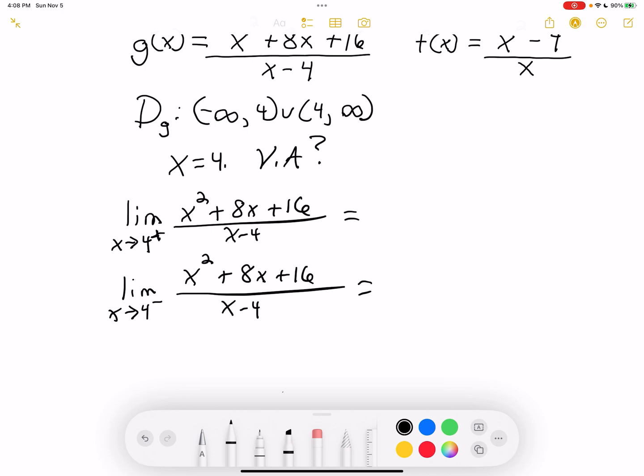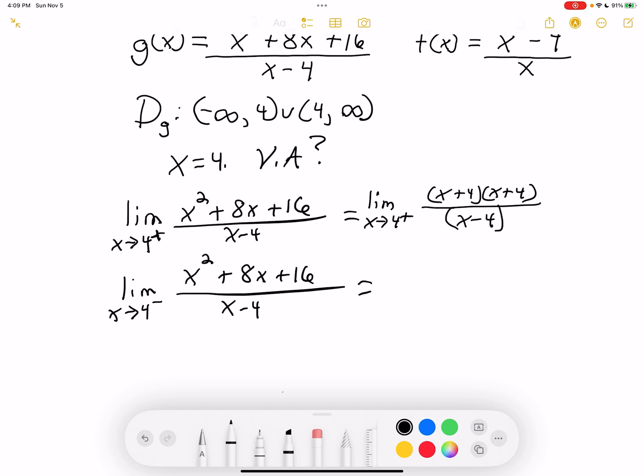Here, the next technique I like to do is try to factor. So let's try to factor. And I see this numerator can certainly be factored into x plus 4, x plus 4.